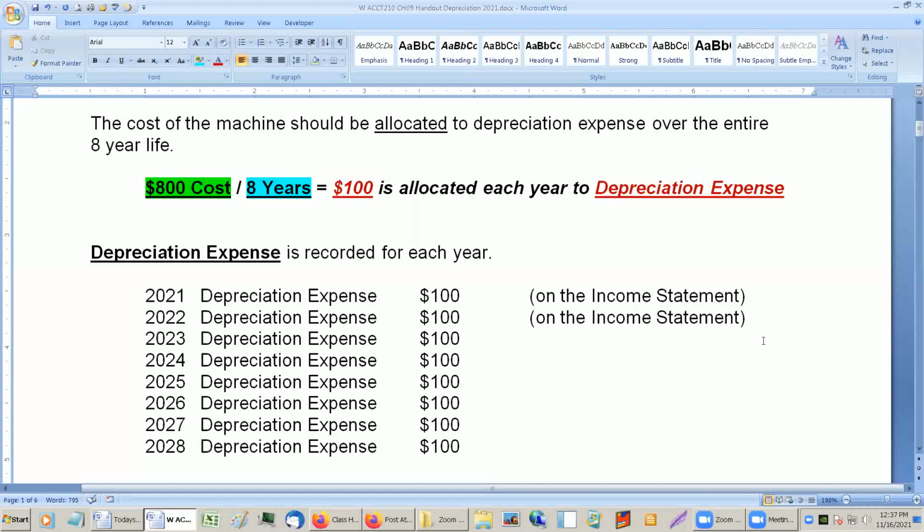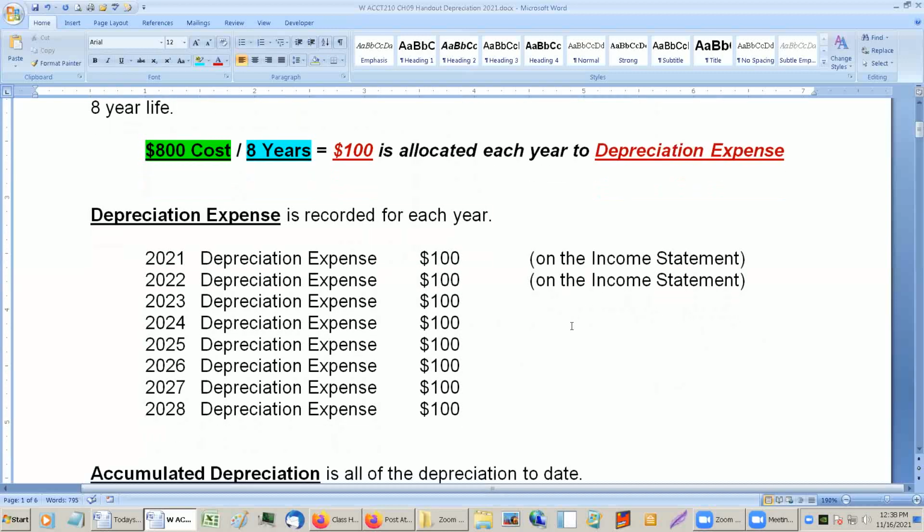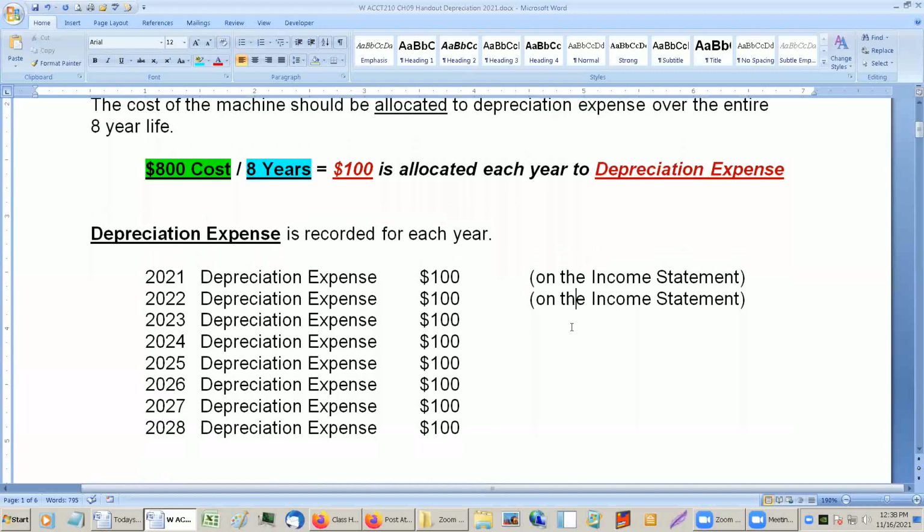Okay, so every year this will be on the income statement for $100 each year. $100 will be taken off the income. And again, this is what we're talking about, that every single year you're going to take a little bit off, so that as you use it over the 8 years, you're just cutting it up and saying, okay, we're going to expense a little bit every year for the 8 years of this thing.